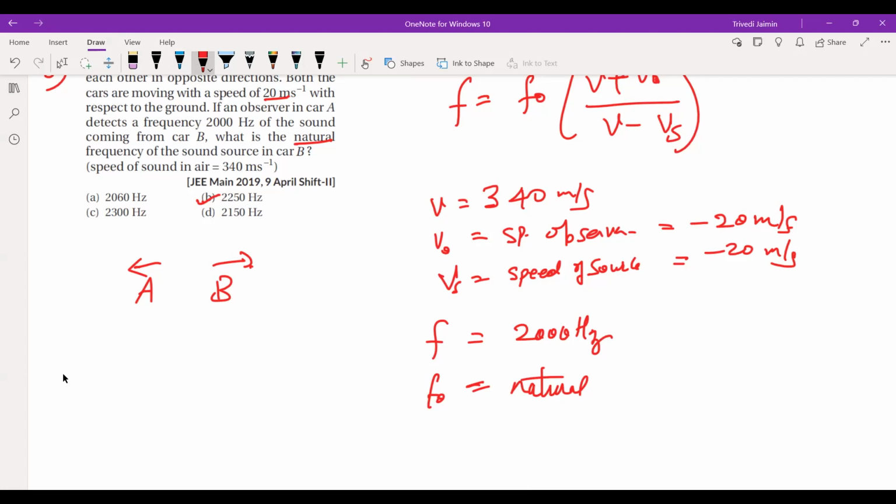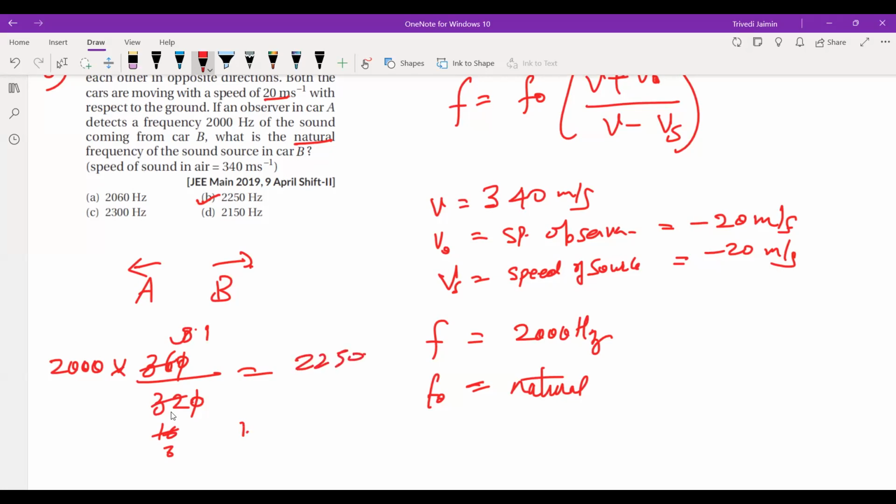Okay, so this frequency was 2000 into this, plus means 360 minus 320. So it is around 2250.